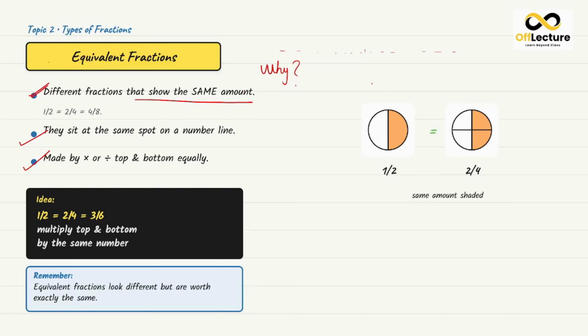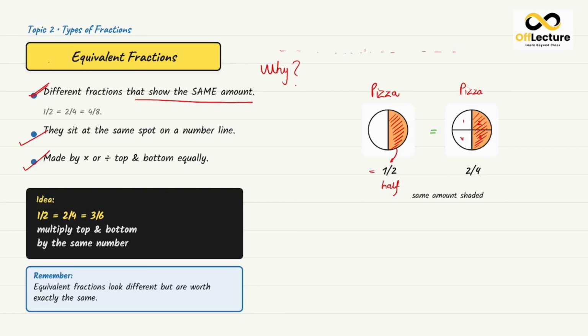For example, let's say we talk about this pizza, and we have cut it into 2 equal parts. So my fraction will be 1 by 2, and this shaded area represents 1 by 2, that is, half. Now let's say we have the same pizza and we have made 4 equal parts of it, 1, 2, 3 and 4, and again we shaded 2 parts of it.